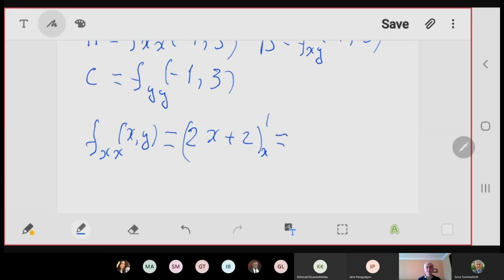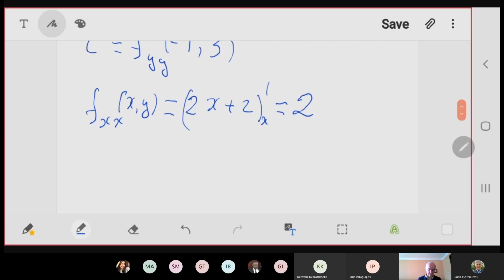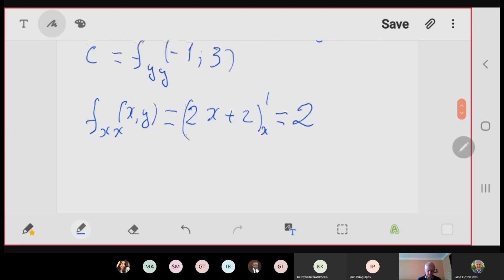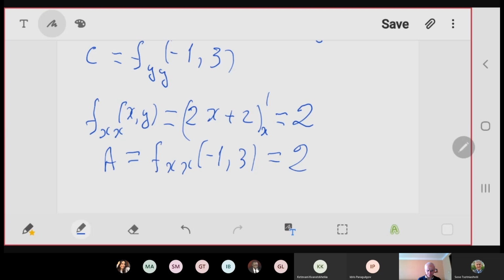So it's clear, I think. What is this derivative? It's 2. It's constant, and because it's constant, it will be the same if I replace x and y. So now I have just found A: f_xx(-1, 3) equals 2. So when we got the partial derivatives, there are no x.